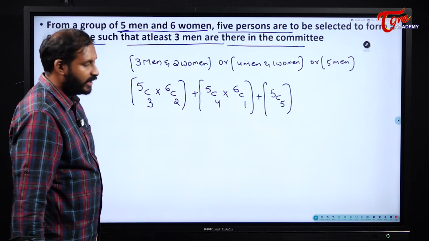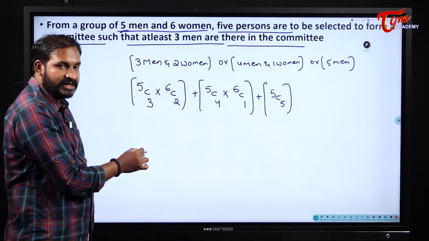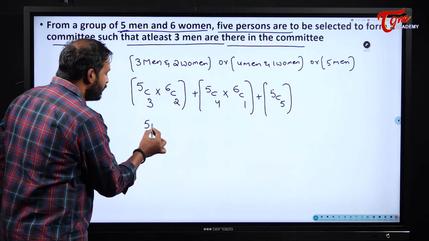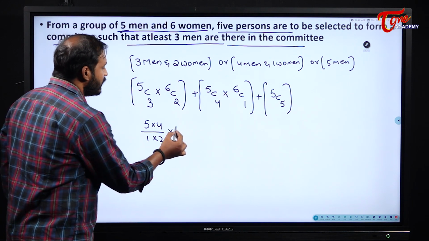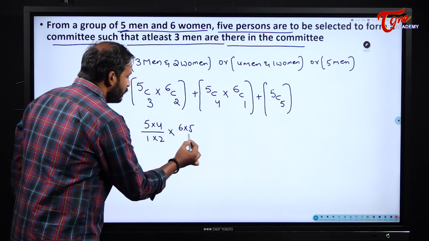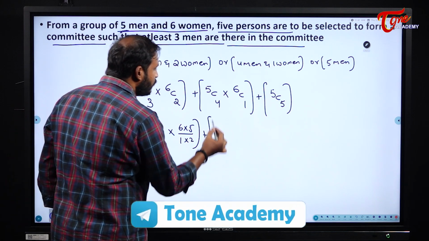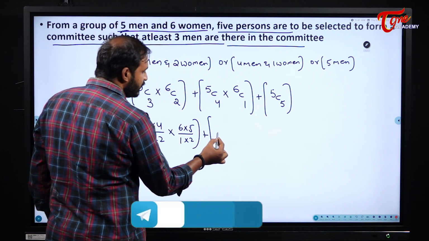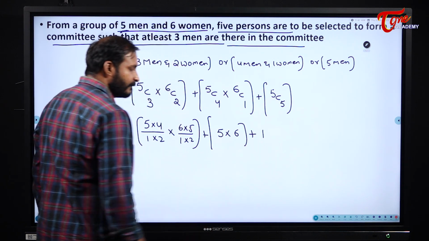5C5. Okay. Now 5C3 is nothing but 5C2, right? 5C2 I will write as 5 into 4 by 1 into 2, into 6C2, which I will write as 6 into 5 by 1 into 2. Plus 5C4 means 5C1, so directly 5. 6C1 means 6. 5C5 means 1.